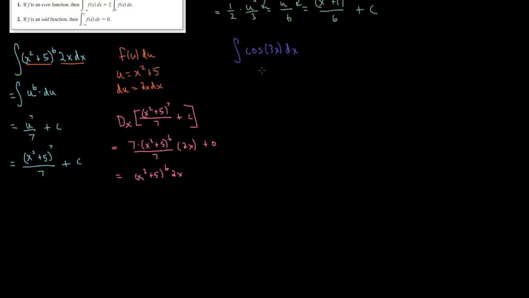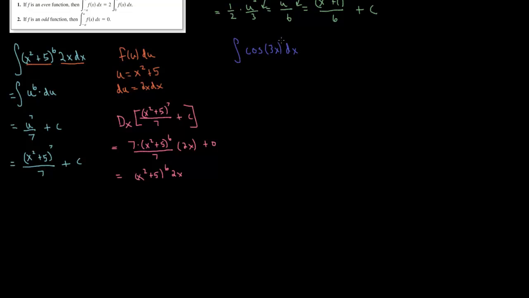So this is composite. All we have to really recognize is that I need a function times the derivative of its inside function. Now notice, what is the derivative of the inside function? It's just 3, or the differential is going to be 3 dx.